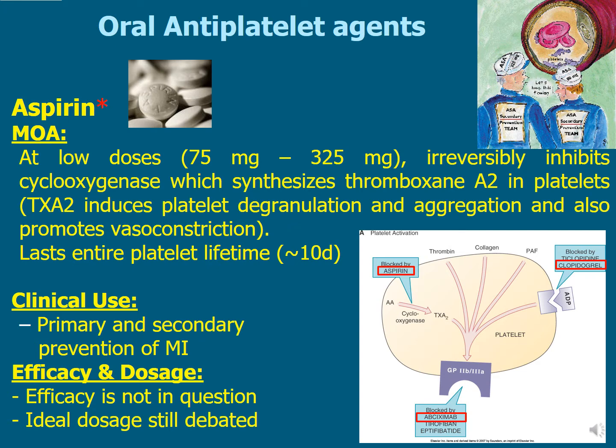This was kind of the dosing of baby aspirin, even though aspirin is not prescribed in the pediatric population anymore. And now it's been rebranded as cardio aspirin for patients who need to take aspirin for primary and secondary prevention of MI.